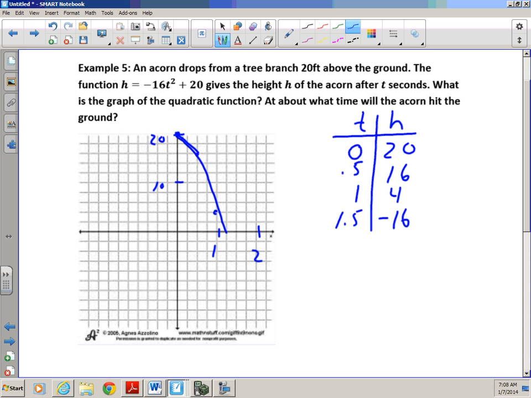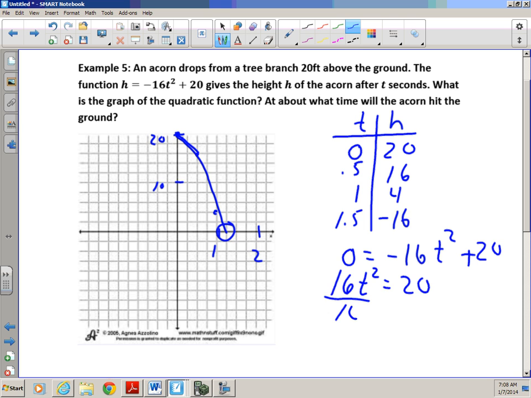So one way you could do this is you can see by hand. I want to find out when my height is at 0. And later on in this unit, I'm going to show you how you can figure out what this number is on the calculator. I can solve this. Okay.